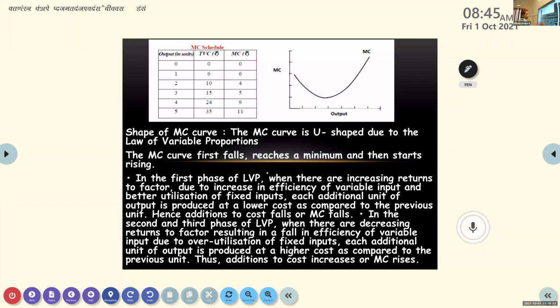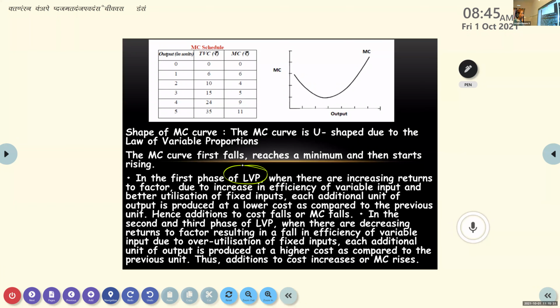The reason is the law of variable proportion. In the beginning, the MC curve falls, then it reaches a minimum, then it starts rising. Now, the first phase, how is it? The first phase of LVP, in the sense the law of variable proportion.